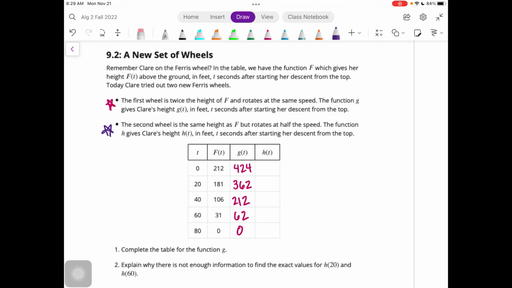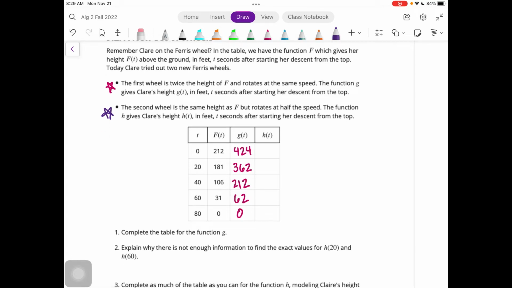All right, so if we want to find h of 20, that's going to be the same thing as f of 10, but we don't know what f of 10 is because that's not on the table. Same thing for h of 60, that's going to be f of 30, because remember it's rotating at half the speed, and we don't know what f of 30 is, so we don't have enough information to find those values.